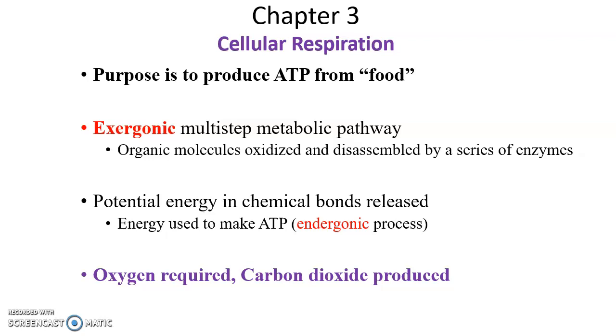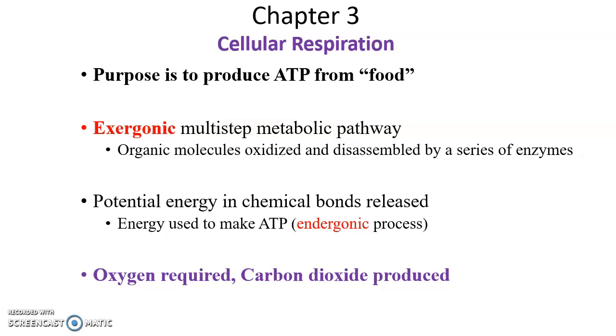There are organic molecules that get oxidized and disassembled. It's a long, complicated process. And then potential energy in chemical bonds gets released. So again, the whole point being to make ATP, because ATP is the energy currency of the cell.